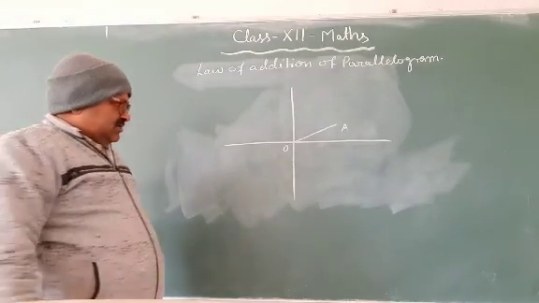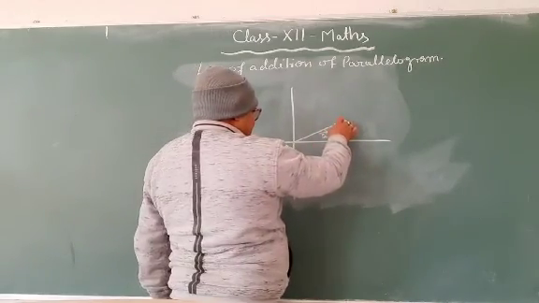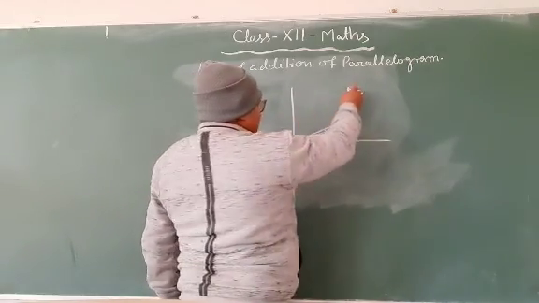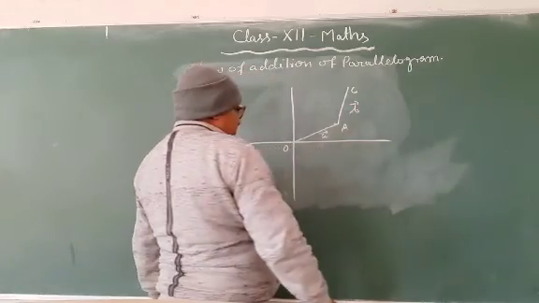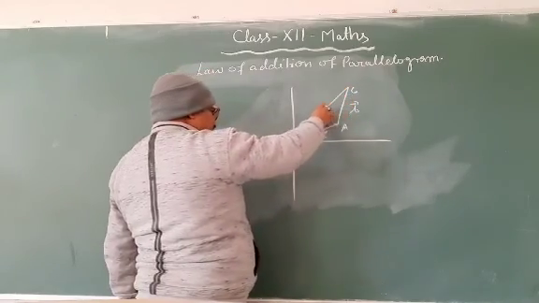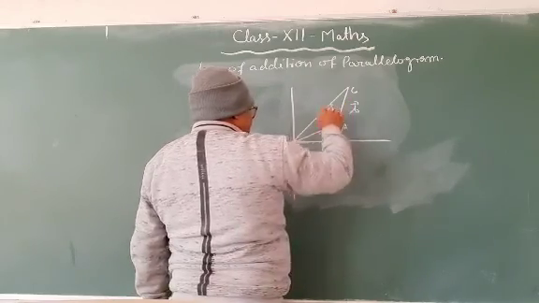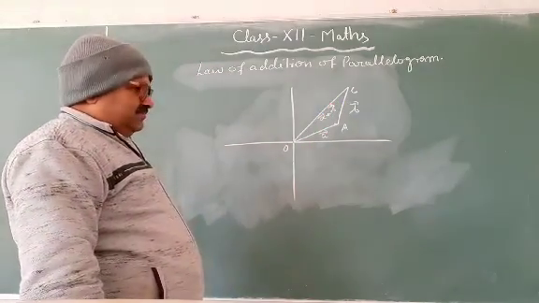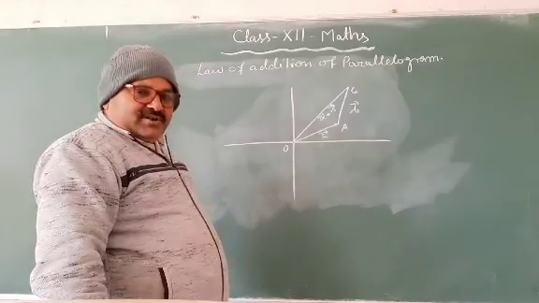This is the vector A. And OB and AC is a vector B. The sum of vector A and vector B is represented by vector OC, vector A plus vector B. This is the diagonal of a parallelogram. OC is the diagonal of a parallelogram.